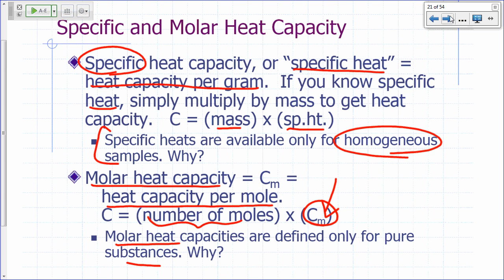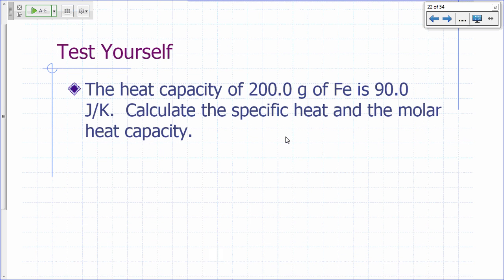So given that information, let's say the heat capacity of 200 grams of iron is found to be 90 joules per Kelvin. What's the specific heat and what's the molar heat capacity? Heat capacity is mass times specific heat, or moles times the molar heat capacity. So how do we get specific heat?